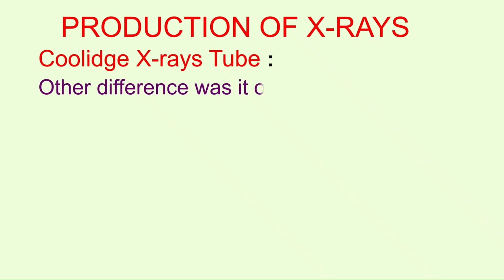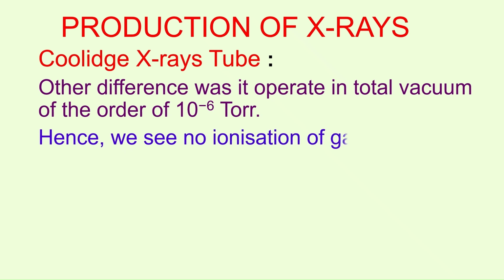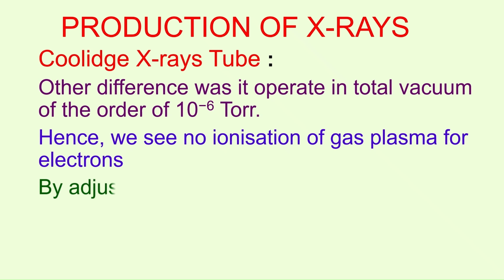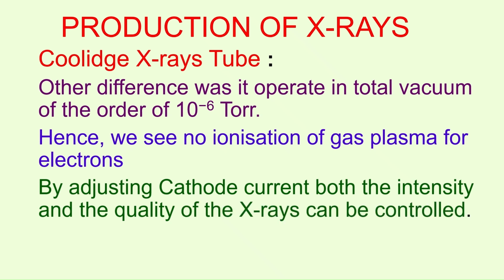Another difference was that it operates in total vacuum, of the order of 10 to the power of -6 torr. Hence, we see no ionization of gas plasma for electrons. By adjusting the cathode current, both the intensity and the quality of the X-rays can be controlled.